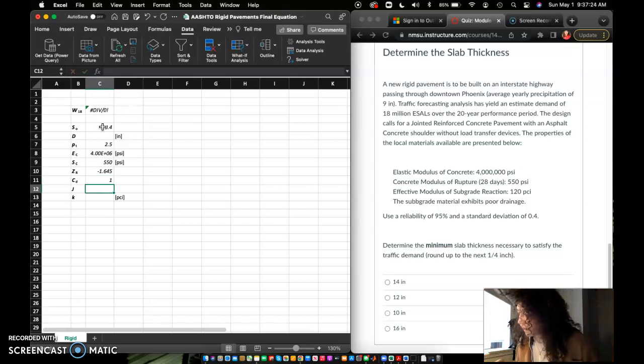And then my load transfer coefficient is going to be on table 12.19.